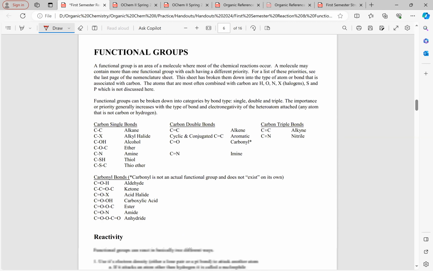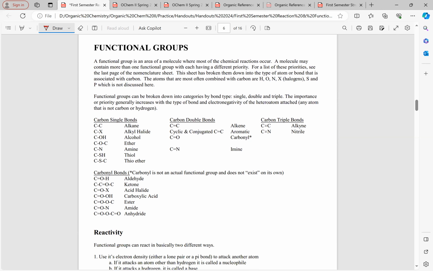And then we're going to be talking about functional groups again this semester. So we ended with alcohols. We have talked about alkanes, alkenes, alkynes, kind of about benzene, but not in depth. And then we talked about alkyl halides, ethers, and alcohols. So this semester, we're going to cover the rest of the functional groups.